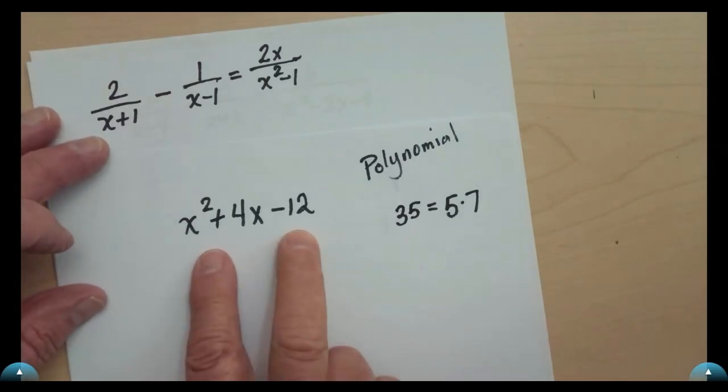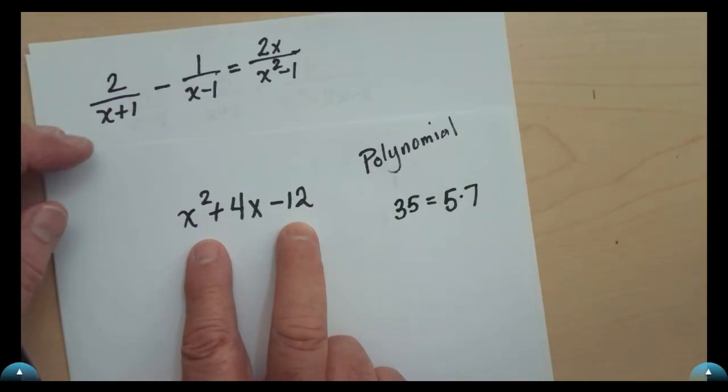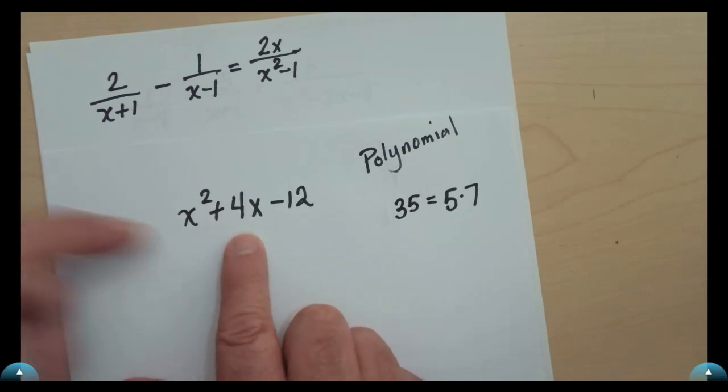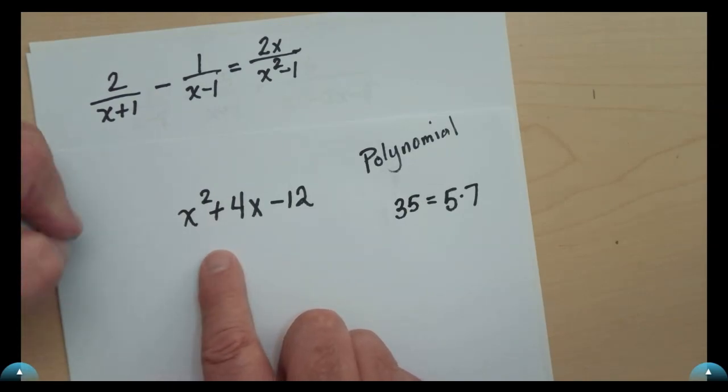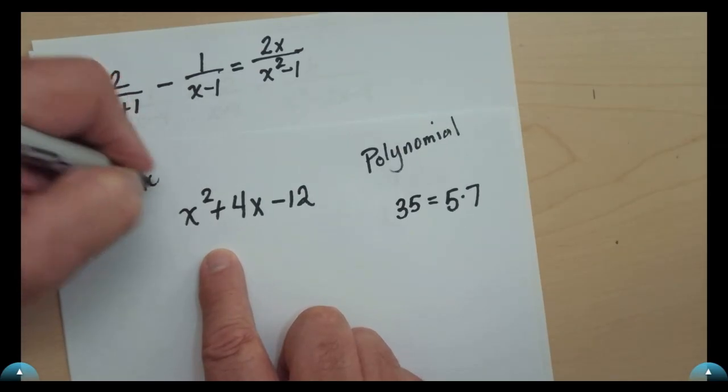Well, what we want to do if we're going to factor this polynomial is write it as two polynomials that when multiplied together give me this original polynomial back. This type of polynomial is called a quadratic trinomial.